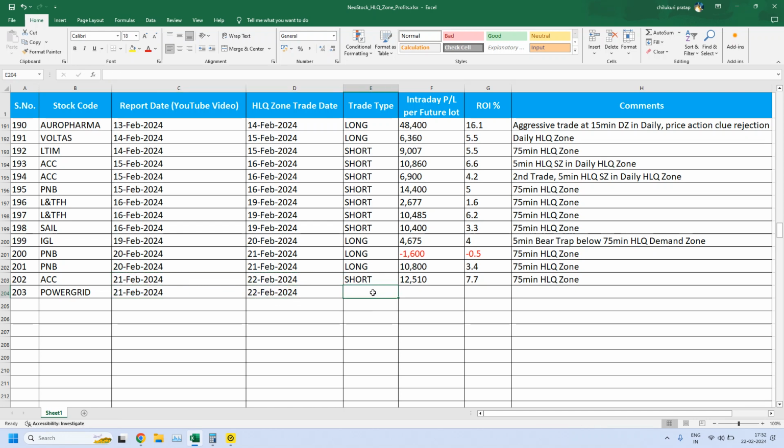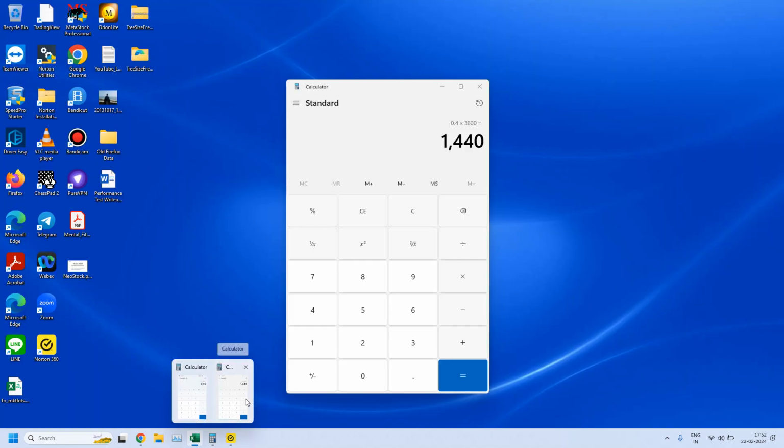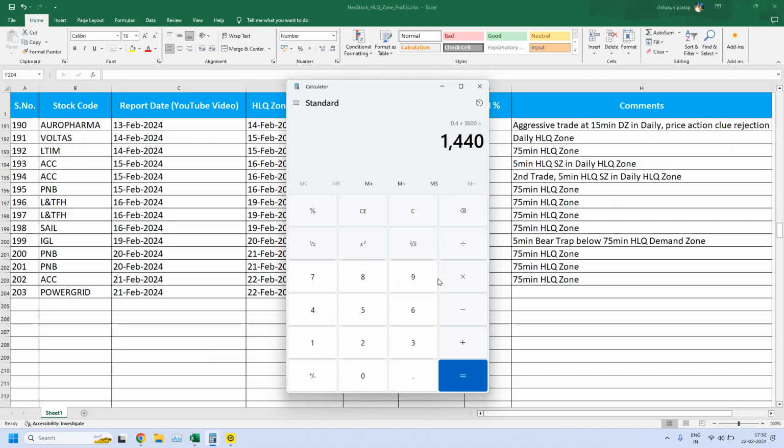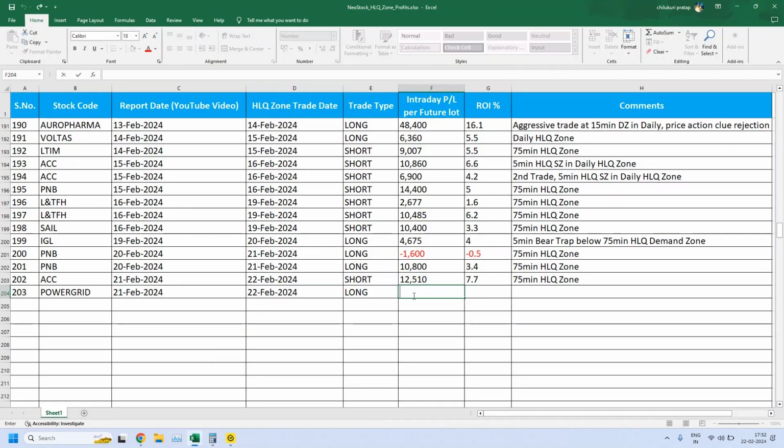And the trade is long trade. And what is the loss we got? 1440. So what I do? Minus 1440. And what is the ROI?